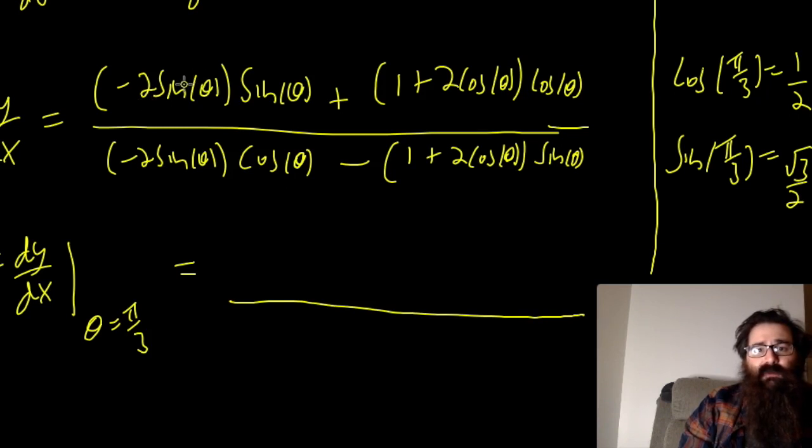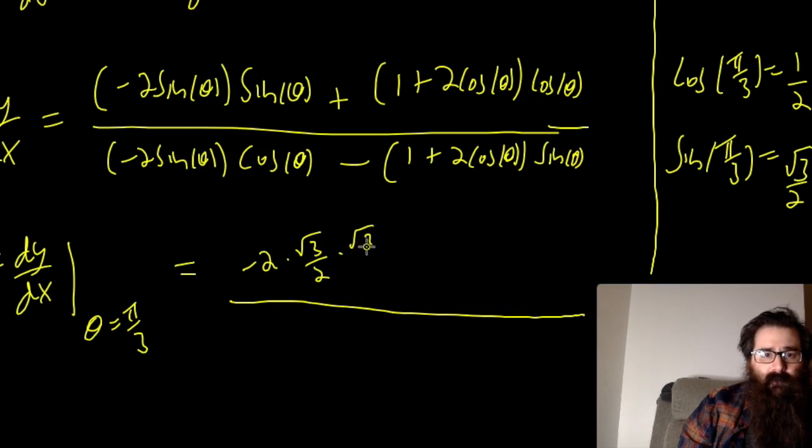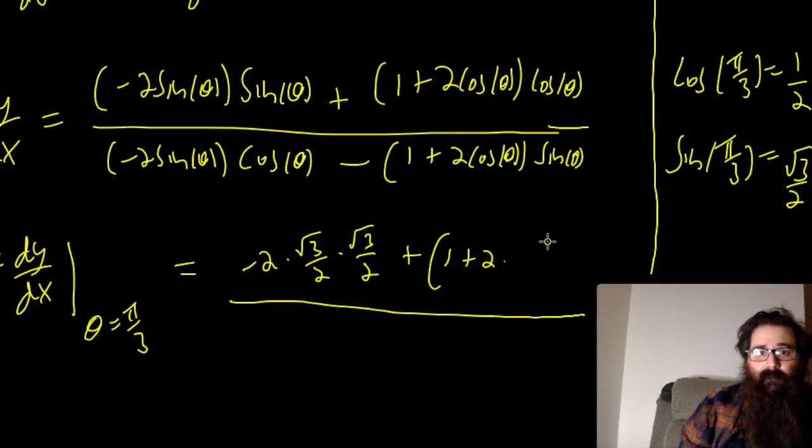So negative 2 times sine at pi over 3, that should be negative 2 times radical 3 over 2. And then times another sine of pi over 3, so times radical 3 over 2. And then plus, in parentheses, I have 1 plus 2 times cosine at pi over 3, which is 1/2. Close my parentheses, and then multiply by another cosine at pi over 3, which is 1/2.